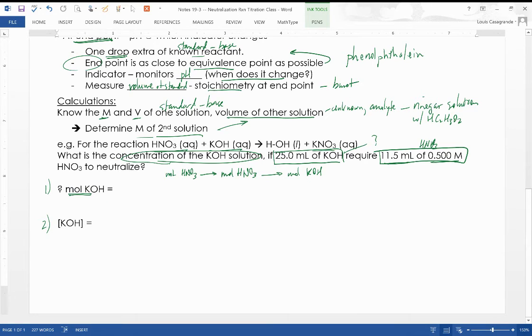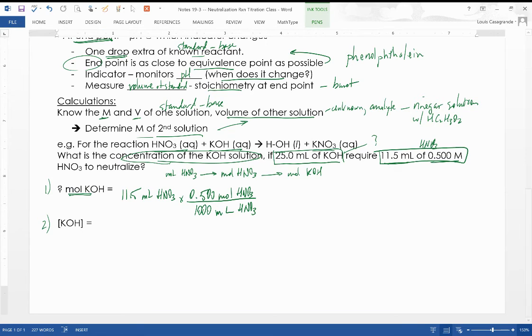So here's how that's going to work. We take the volume, the 11.5 milliliters of the nitric acid. We use our little 1,000 milliliter trick down here and multiply that by 0.500 moles. And those are both of nitric acid.